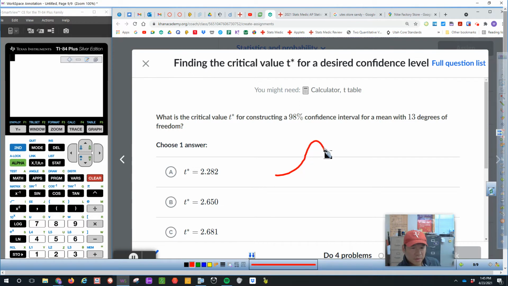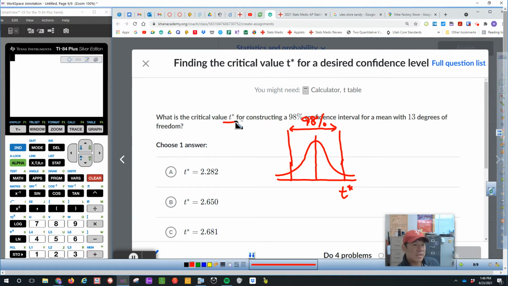This is a T distribution, and the confidence interval is kind of symmetric. So from here to here, let's say this is 98%. And T star is right here.